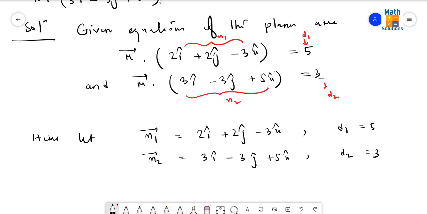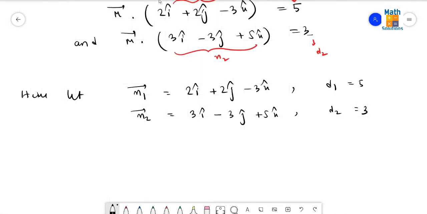So for finding the angle between the planes, let theta be the angle between the planes.